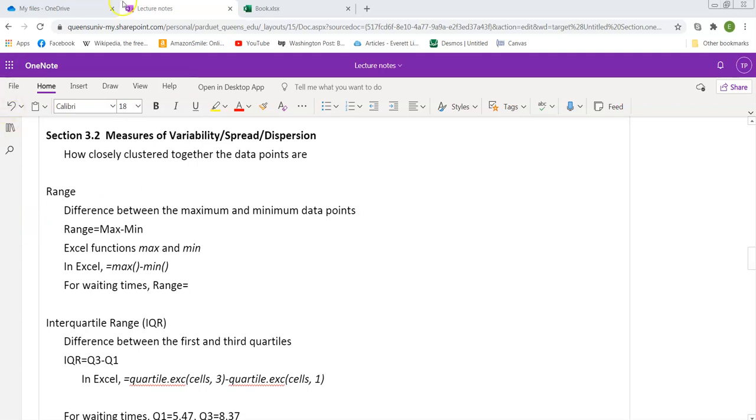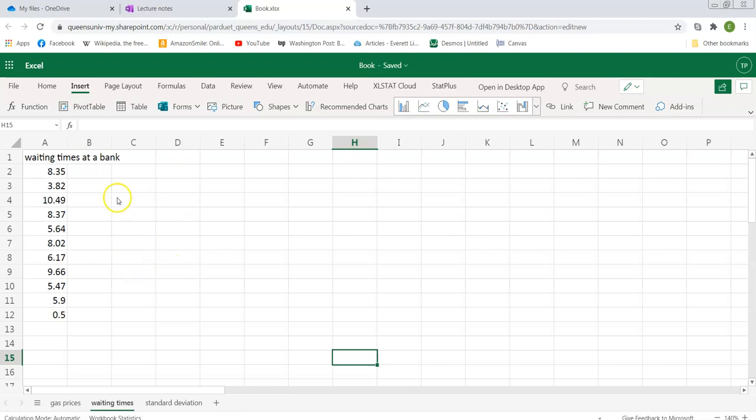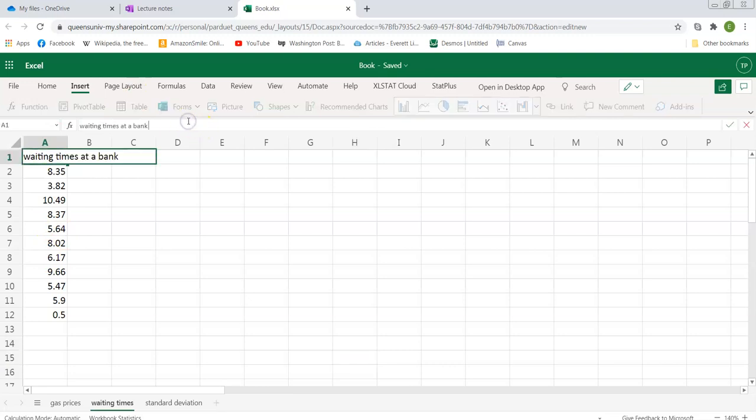I want to show you two data sets we're going to work with in this section. The first one is waiting times at a bank. These are all in minutes. So there's, I guess, 11 customers who went to a bank and they kept track of their waiting times.